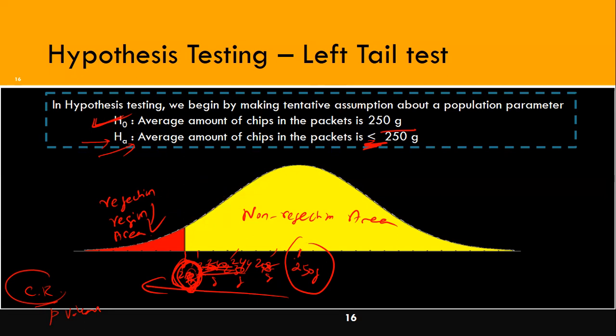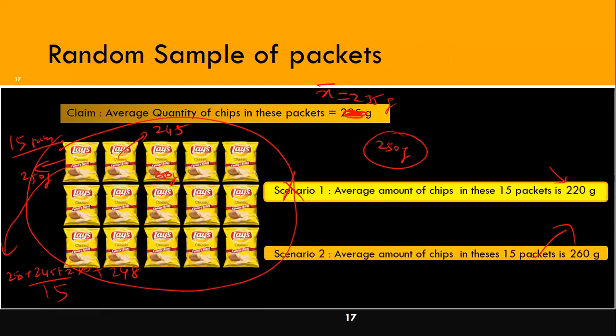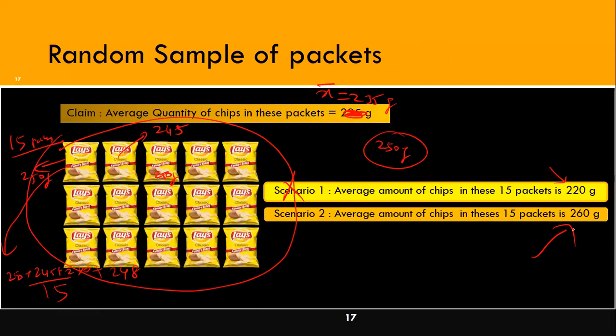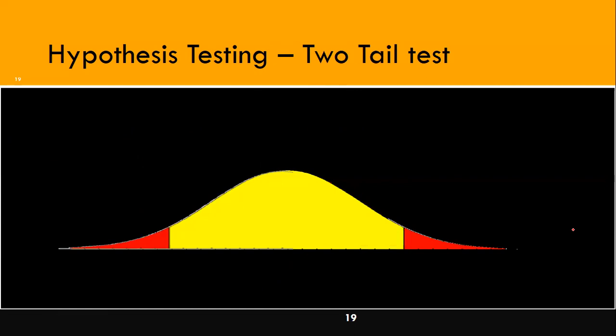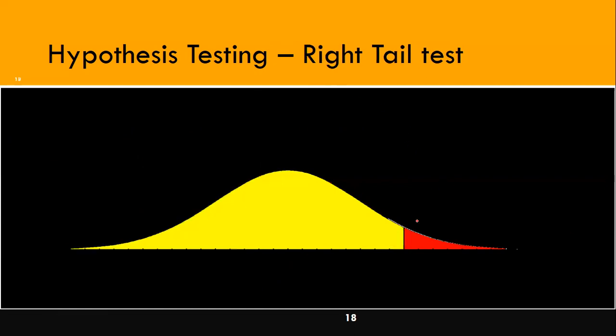And let's say we have something else called the right tail test. So 260 gram is there. So this is your right tail test. As per the claim, we can see the 250 gram on average, each packet will contain the snacks.